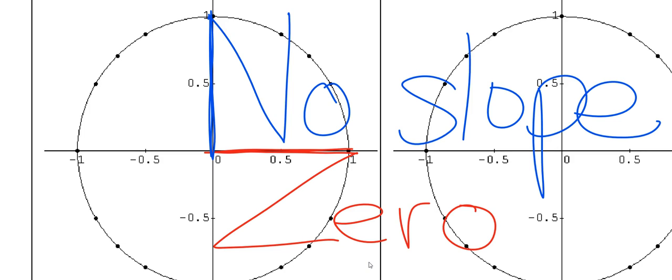Which isn't a bad idea, actually, for a downhill slope skier. So, no slope, 0 slope. Don't tell me they're the same thing. 0, none. No slope. Or undefined, as the term is also called. Those are 2 other slopes that you need to know besides radical 3 over 3, 1, and radical 3.